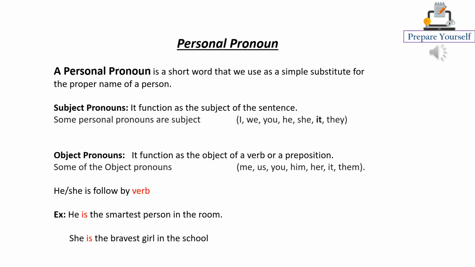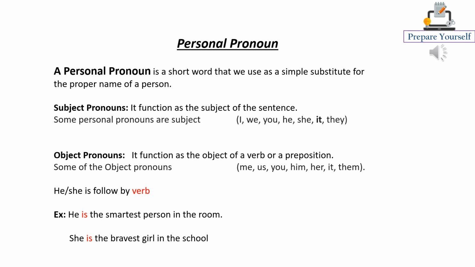The words which we use in object pronoun are me, us, you, him, her, it, them. You know, it is a pronoun which is used for animals and thing. To describe animal or thing as a pronoun, we use it.